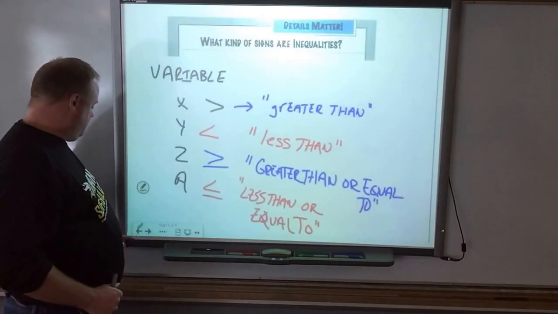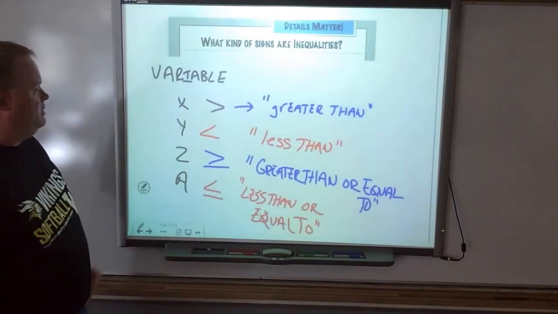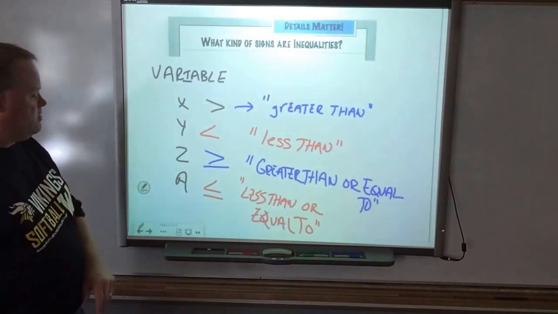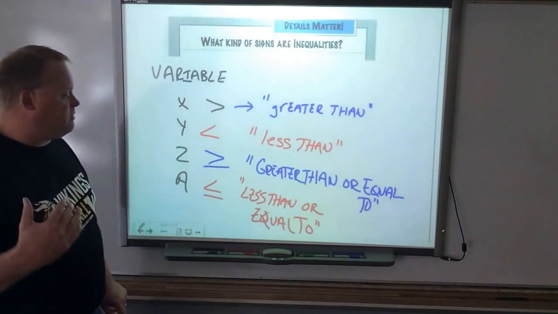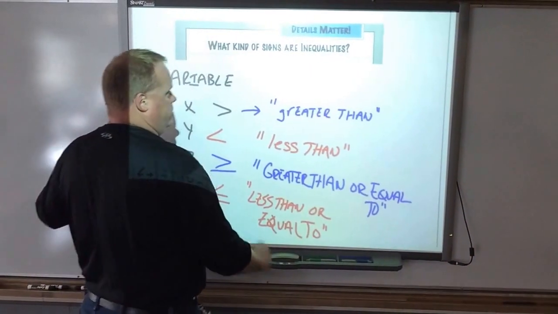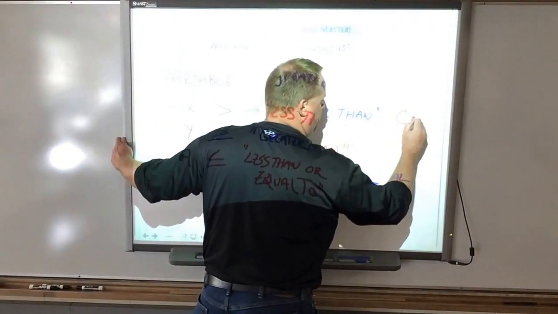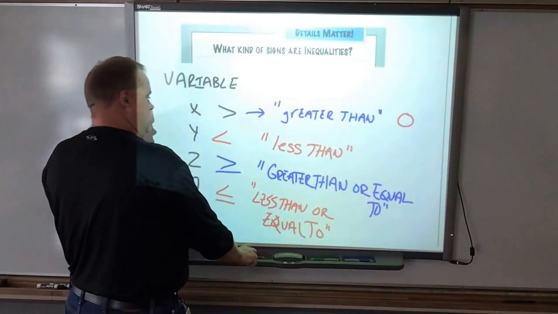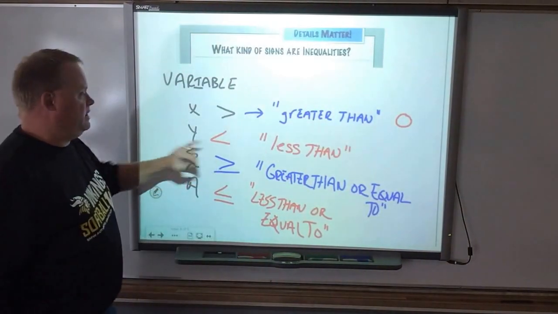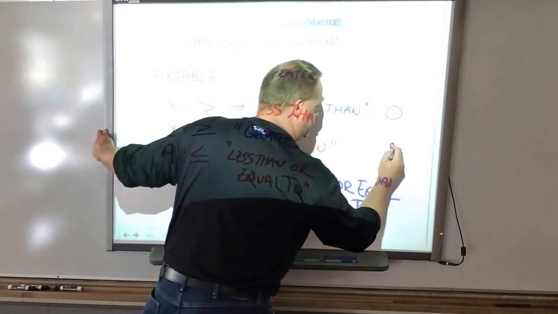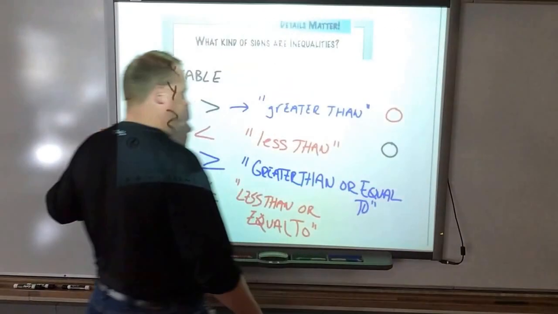When I graph a greater than, I'm always going to use an open circle. When I graph a less than, I'm still using the open circle.